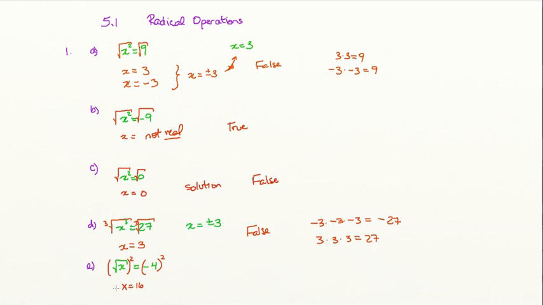I'm trying to go backwards to double check this, and I take the square root of 16, which is plus or minus 4. Because the answer I get when I go back and check is different from the question itself, I would have to say there isn't a real solution, so E would be true.